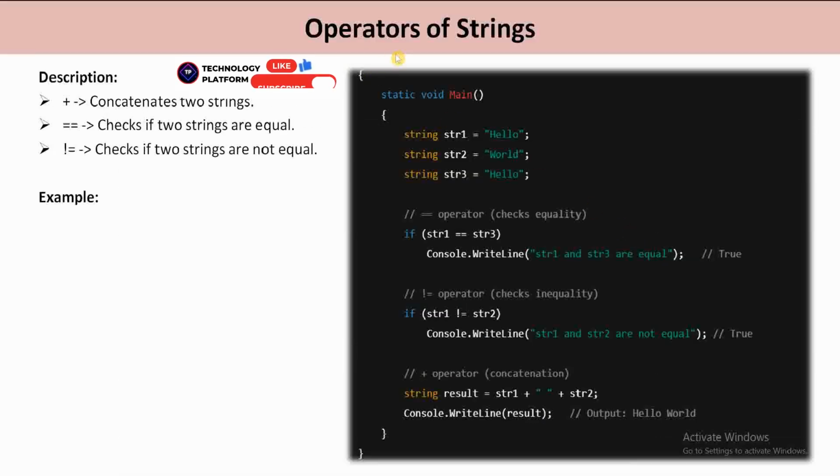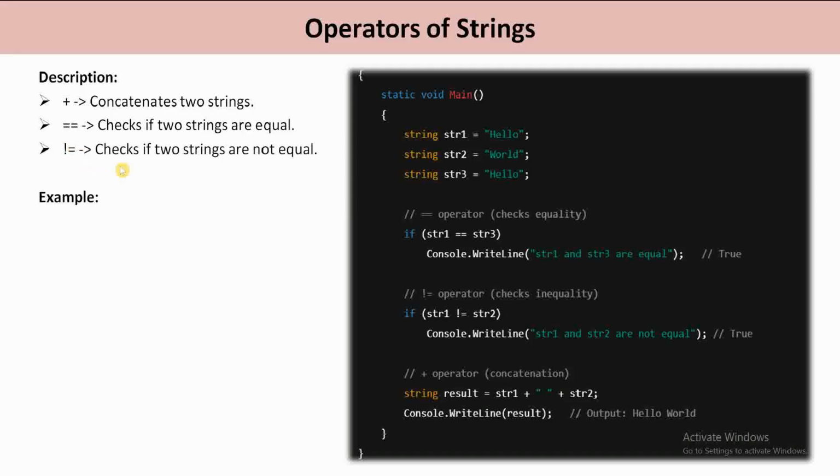Next we have operators of string. Here we have the description. The plus sign means it concatenates two strings. As we already know about concatenation, if we want to add multiple strings, then we can use the plus sign. Next we have double equals. If we want to check whether two strings are equal or not, we can check it with double equals.